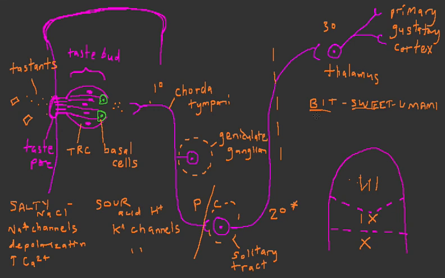This pathway is a little bit different, where we don't have an ion channel, we have a G protein coupled receptor. And so the tasting will bind to the G protein coupled receptor, which will activate phospholipase C, which will cause an increase in inositol phosphate, and this will lead again to calcium influx and then neurotransmitter release.